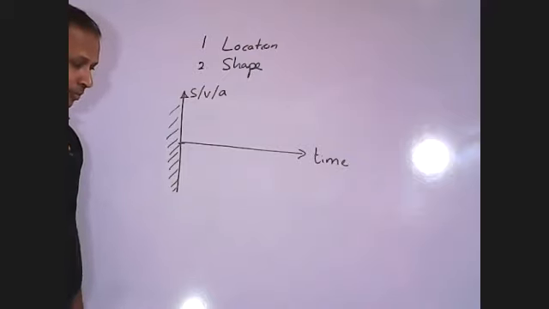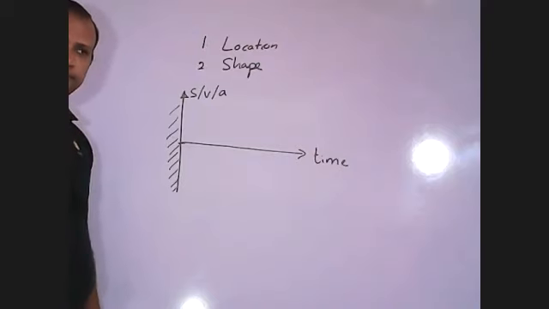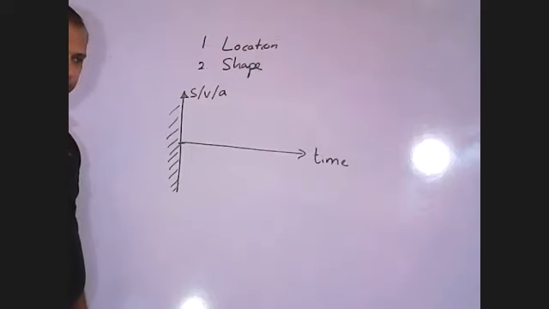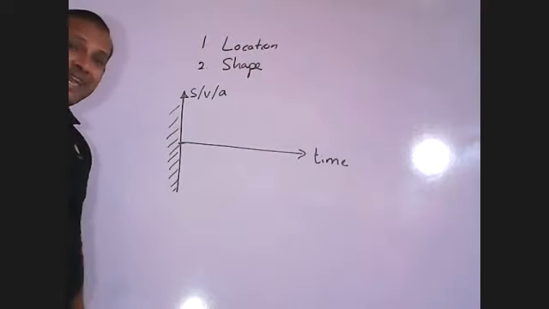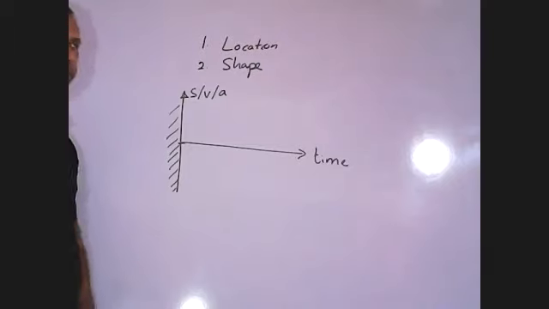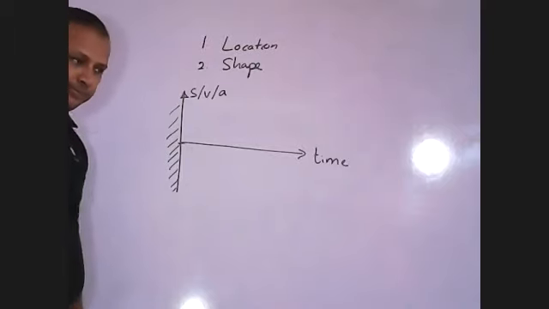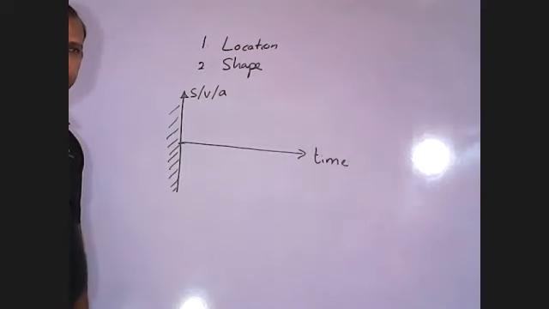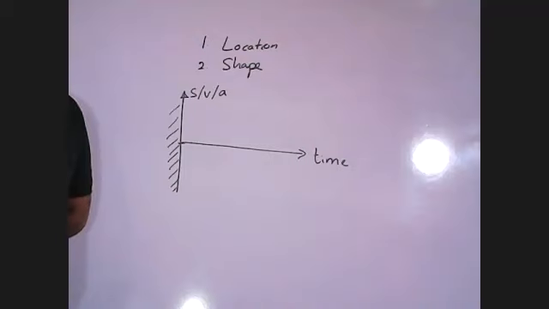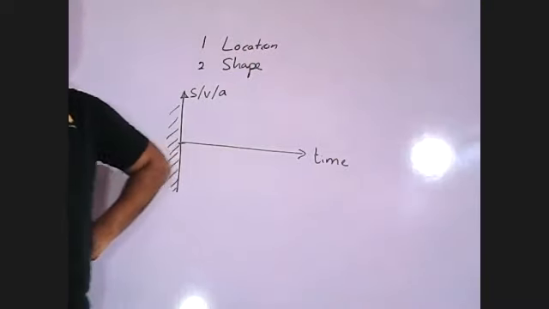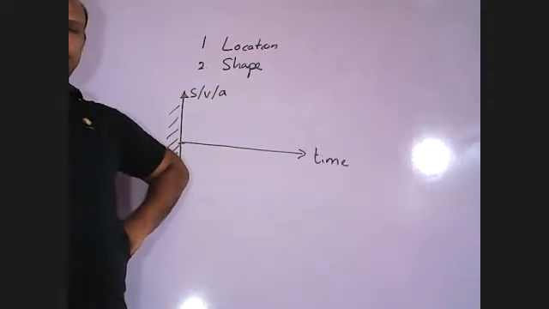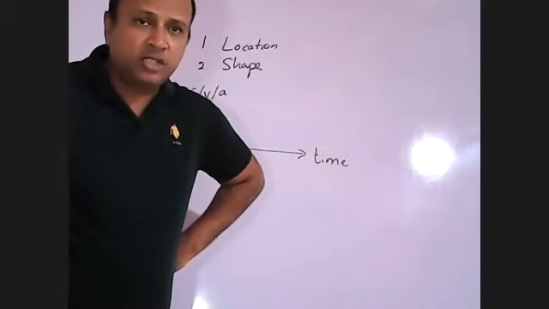Therefore, the negative side of the x-axis won't exist in motion graphs.